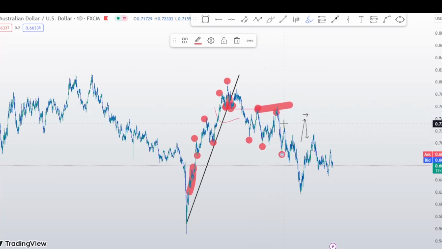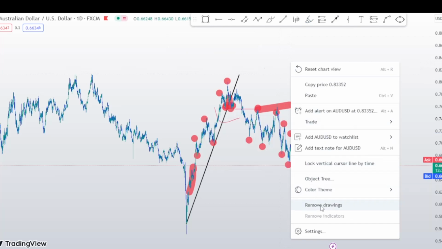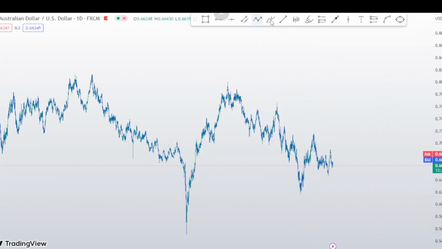Lower lows, lower high, lower lows, lower high, which came again in line with this one. So this is how we read the trend, with the series of higher highs and higher lows, and lower lows and lower highs.